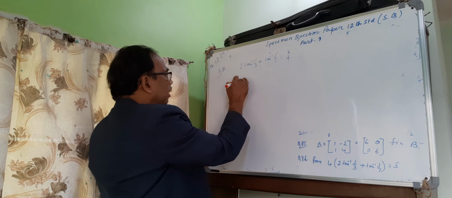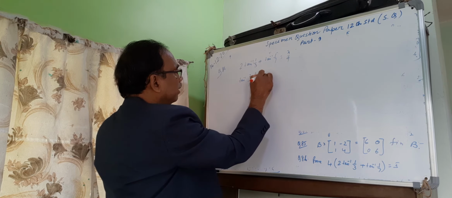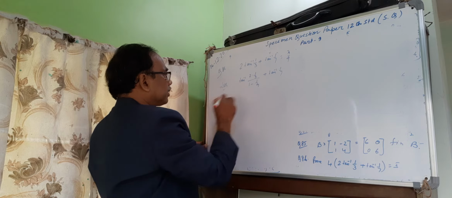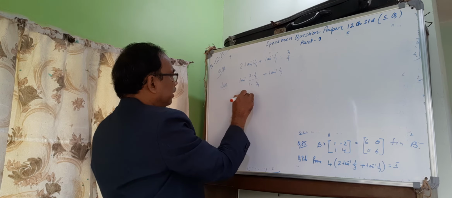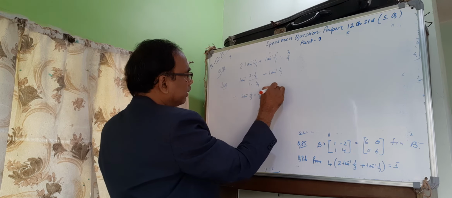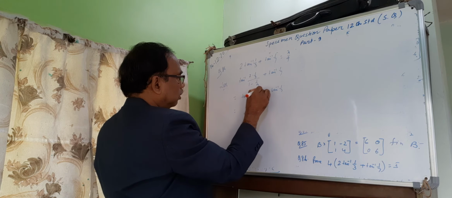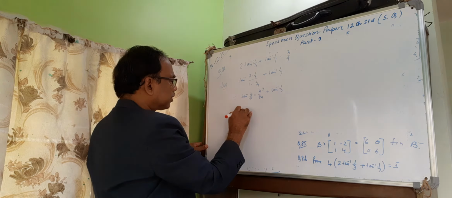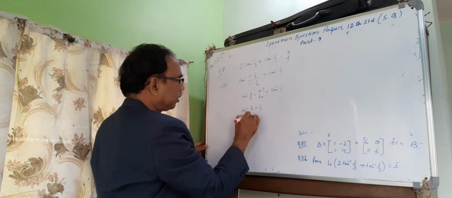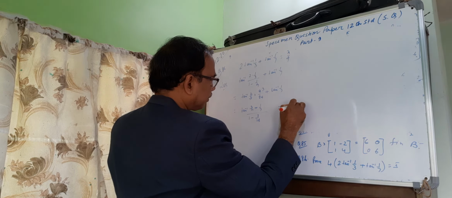Now 2 tan inverse x is the formula, tan inverse 2x by 1 minus x square. LHS equals tan inverse 2/3 into 9/8 plus tan inverse 1/7. Using the formula tan inverse A plus tan inverse B equals tan inverse of A plus B over 1 minus AB, we get tan inverse 3/4 plus 1/7 over 1 minus 3/28.